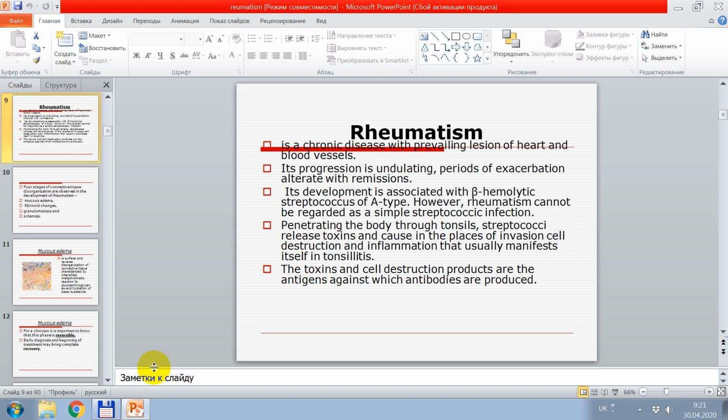Penetrating the body through the tonsils, streptococci release toxins and cause cell destruction and inflammation at the place of invasion, which usually manifests itself as tonsillitis. The toxins and cell destruction products are the antigen against which antibodies are produced.